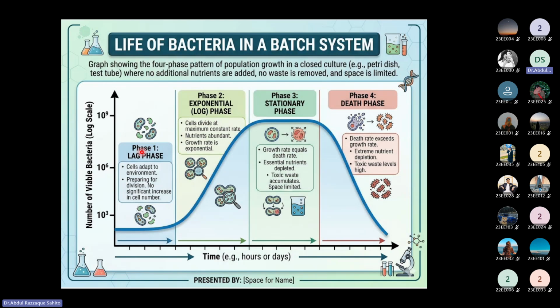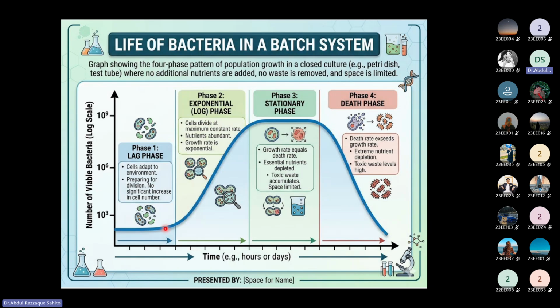In the first phase, the cell adapts to the environment and prepares for division. There will be no significant increase in the cell numbers. So this time period is mostly small. Bacteria adapt to the atmosphere and prepare for growth, but there is no significant growth.